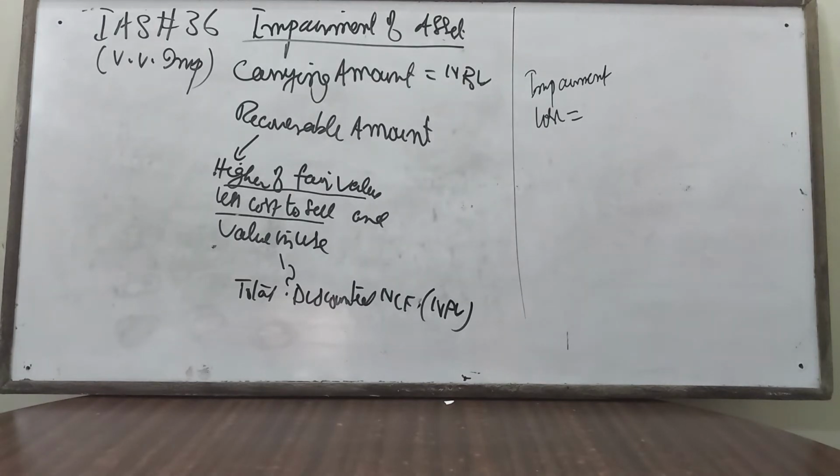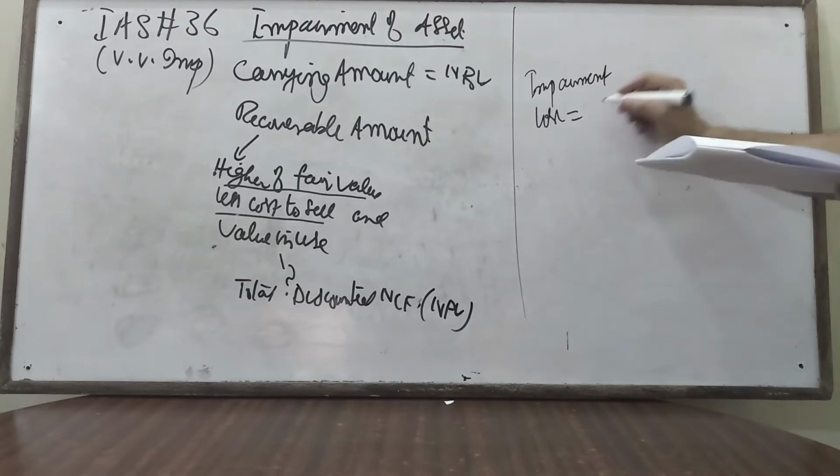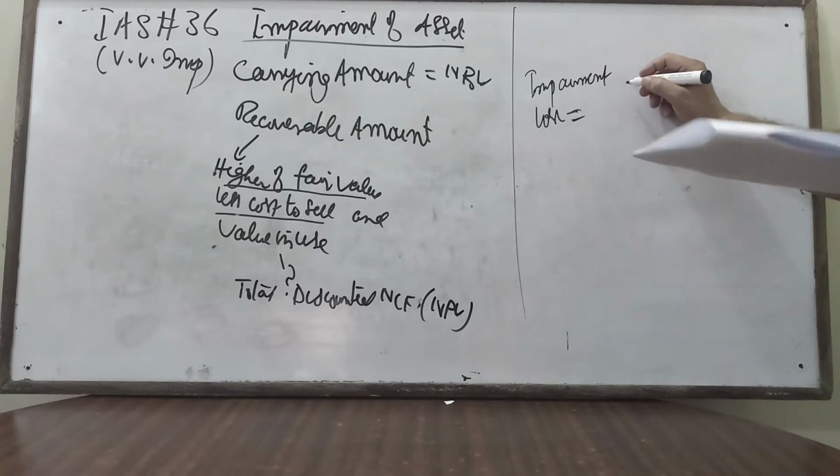The impairment loss equals carrying amount minus recoverable amount.